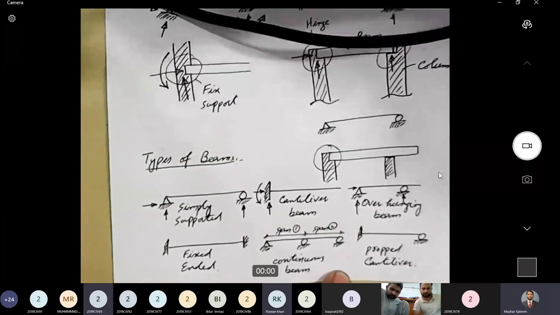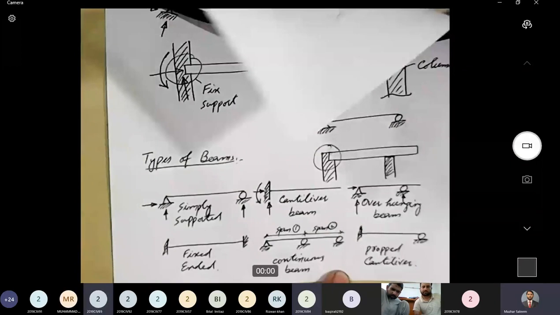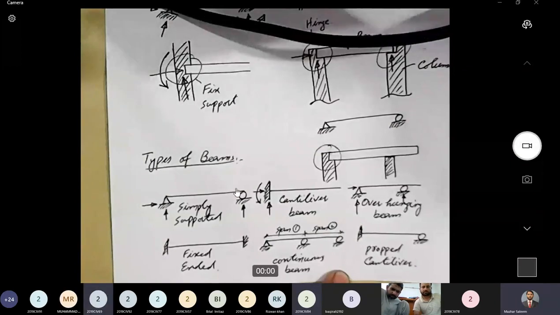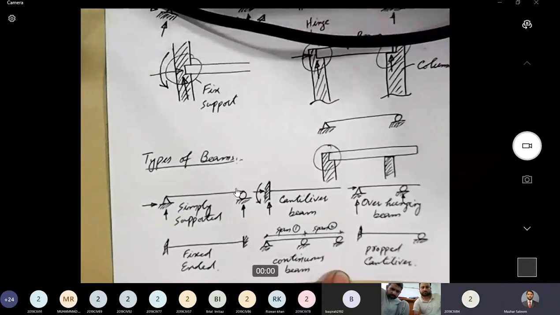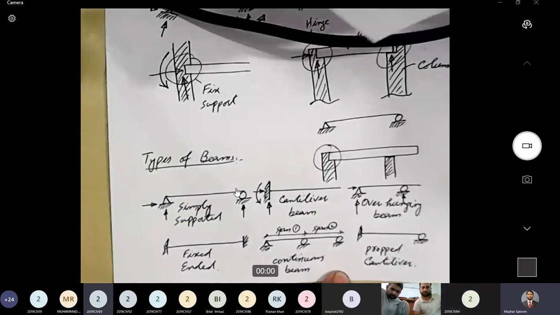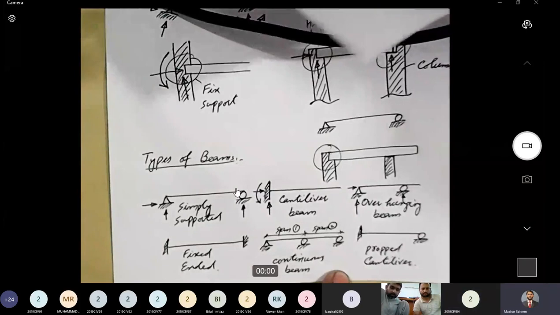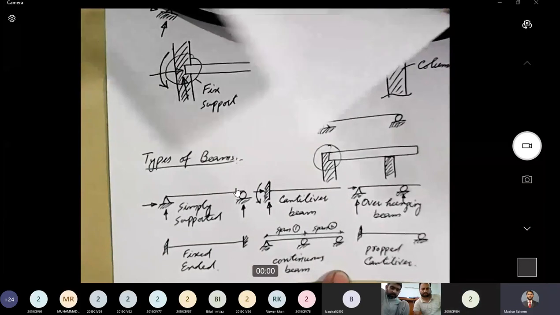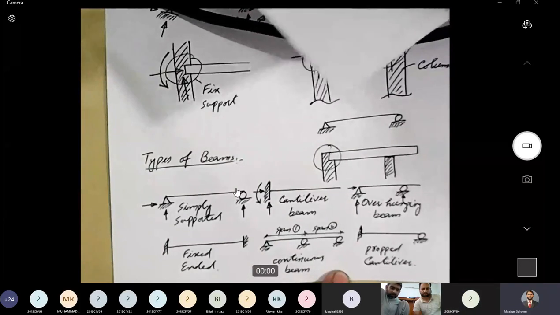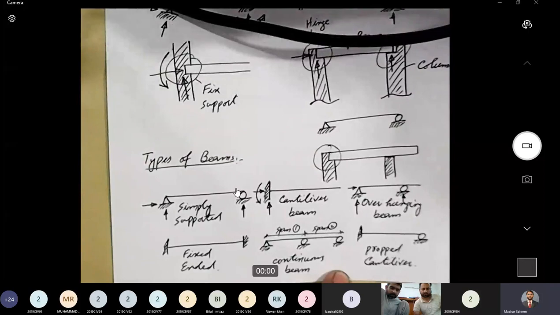Yes, sir. Sir, can you give one practical example of a cantilever beam? Like I said, pergolas are architectural members that just project from the face of a building. In houses that are properly designed, normally by architects, there are architectural members projecting outside the face of the structure.